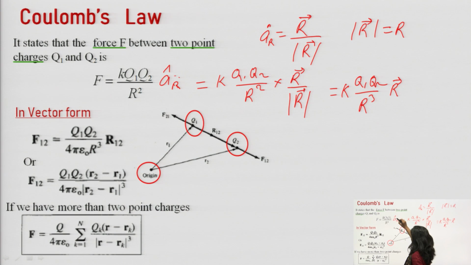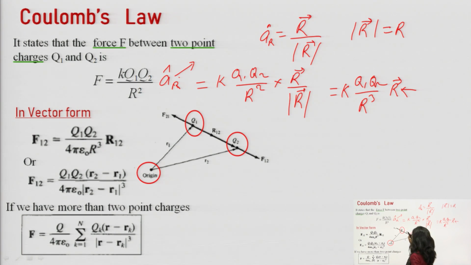Here this is the formula of force in unit vector form, and this is the formula of force in distance vector term. Now we know that there are two kinds of vector, the distance vector and the position vector.